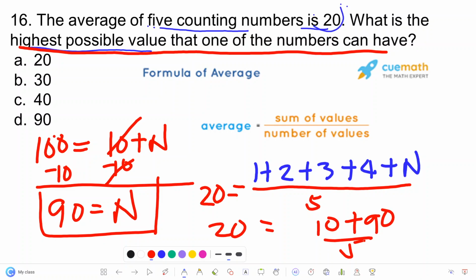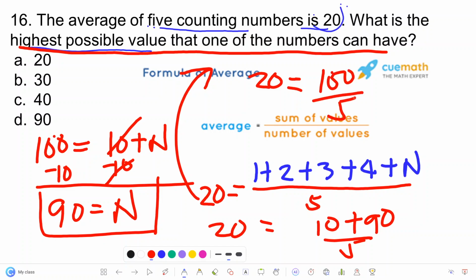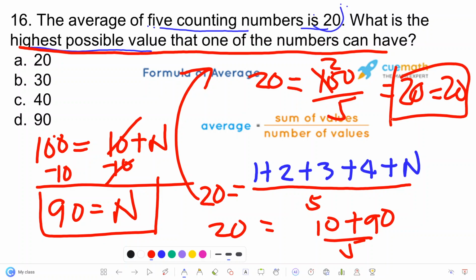So, this will be equal to 20 is equal to 100 over 5. At alam naman natin, this is 20. So, 20 is equal to 20. Therefore, 90 is the correct answer. So, it is letter D.